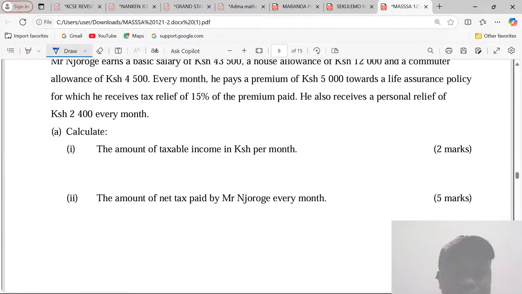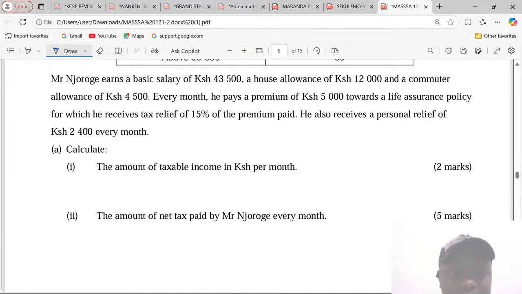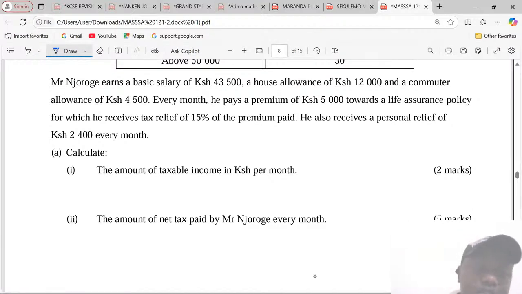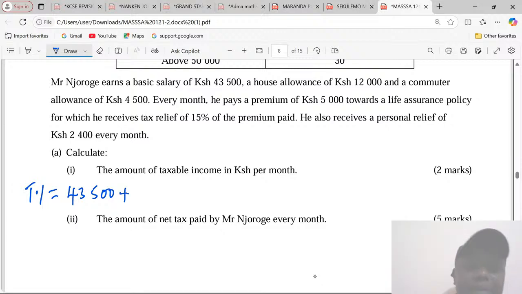Calculate part 1, the amount of taxable income in Kenya shillings per month, for Mr. Joroge. So taxable income, as we have said, is given by basic salary 43,500 plus allowances which are taxable. I can see house allowance. You should know that all allowances stated in a given instruction are taxable unless communicated.